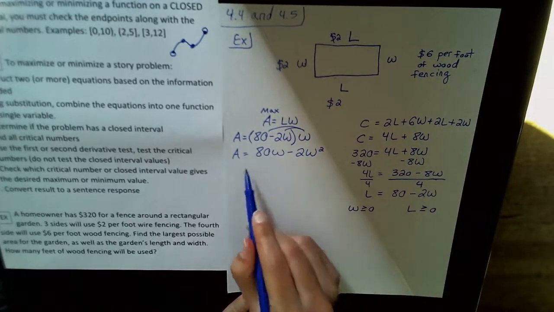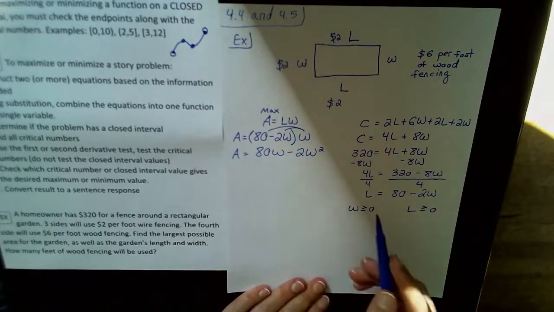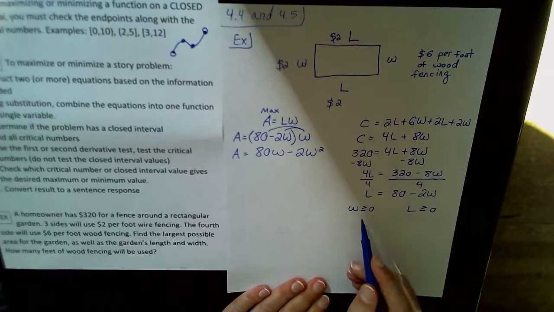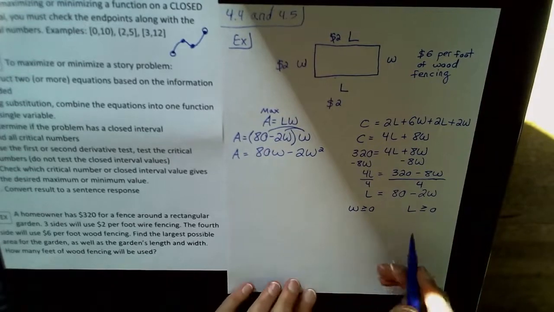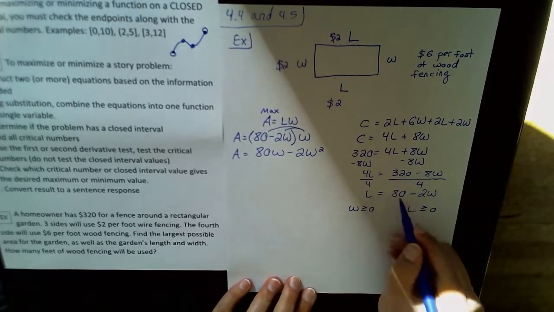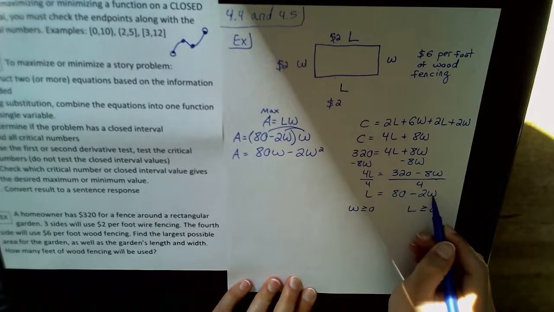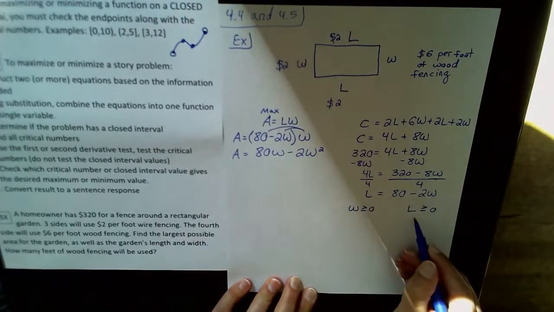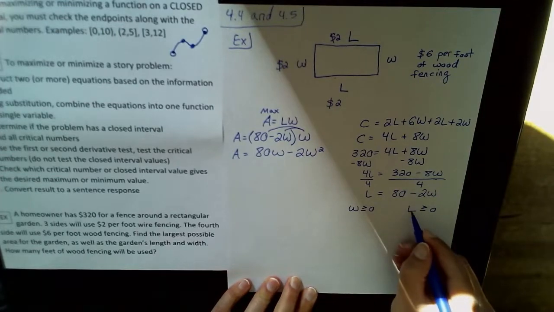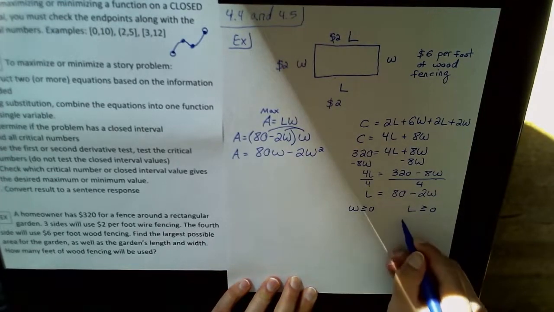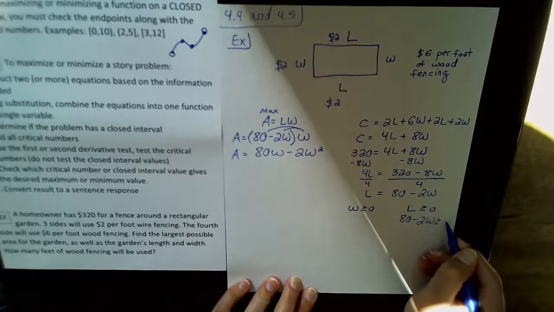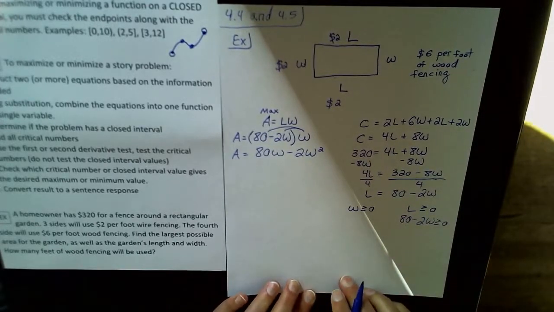We're getting our function in terms of W, so we want to get both of these in terms of W to see if we have a closed interval. And notice we have L is equal to 80 minus 2W. Just like we plugged it into the other equation, we can plug it into this inequality. Since L is greater than or equal to 0, then 80 minus 2W has to be greater than or equal to 0.